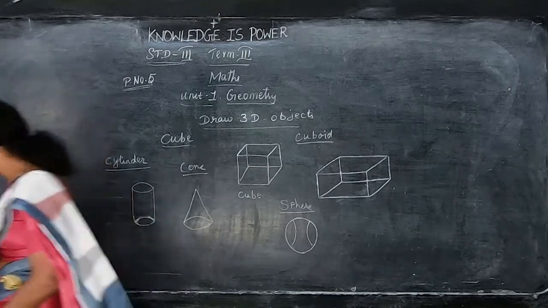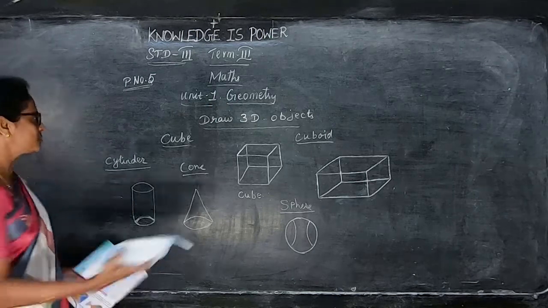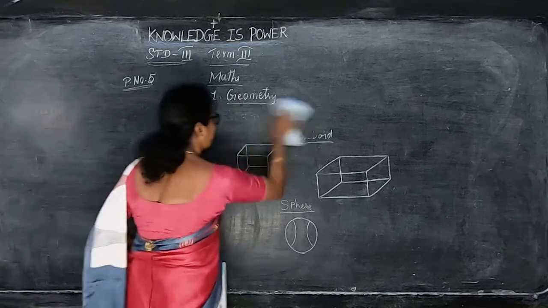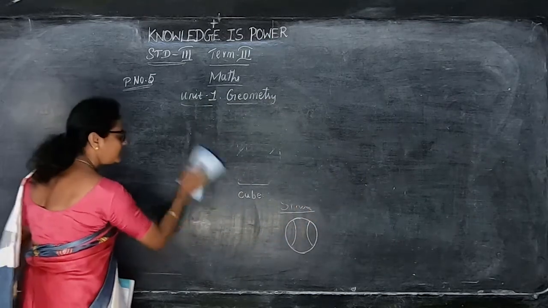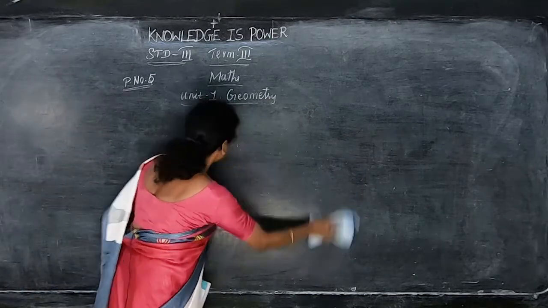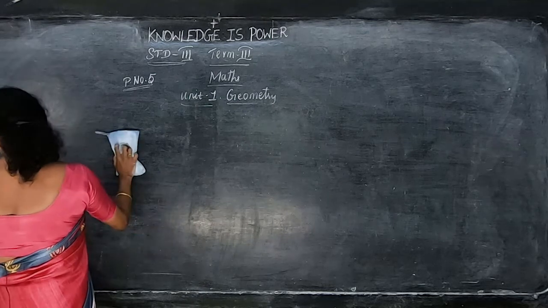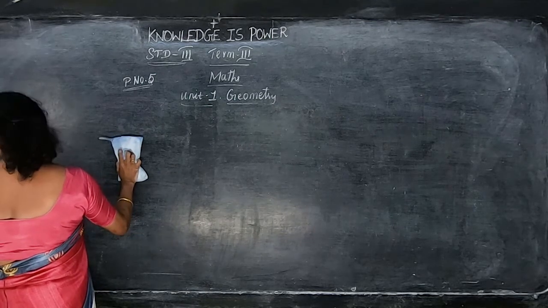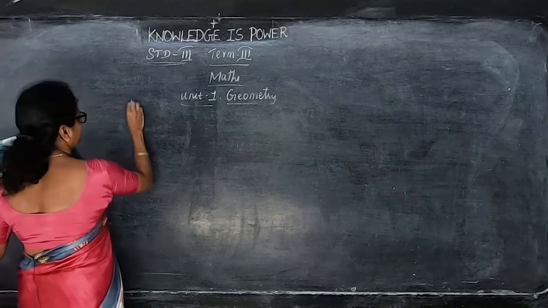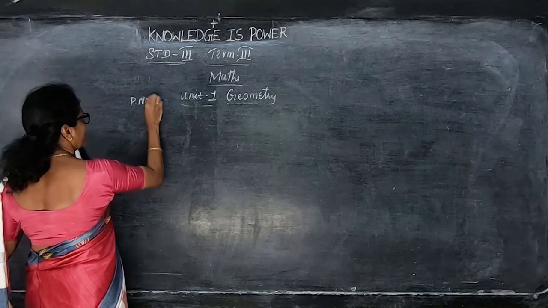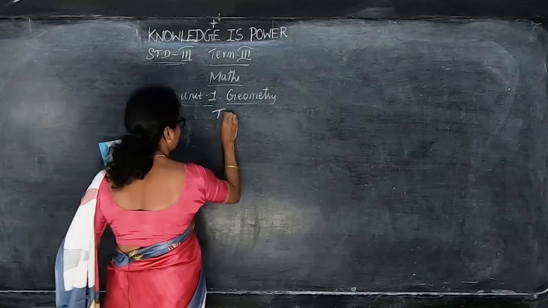Okay. And now we'll move on to the next one, which is about the tangram. What do you mean by the tangram? Tangram is 7 pieces of shapes that was made by the Chinese. Page number 6.